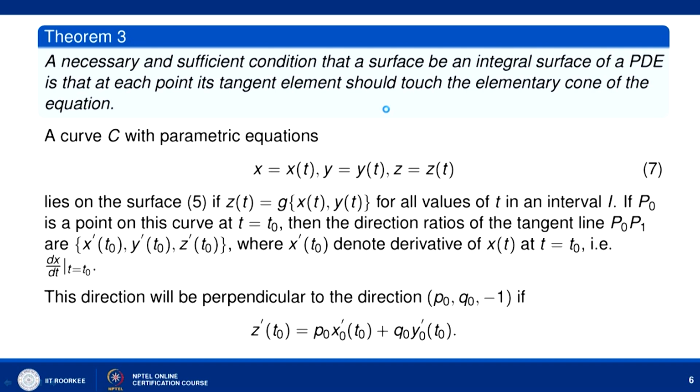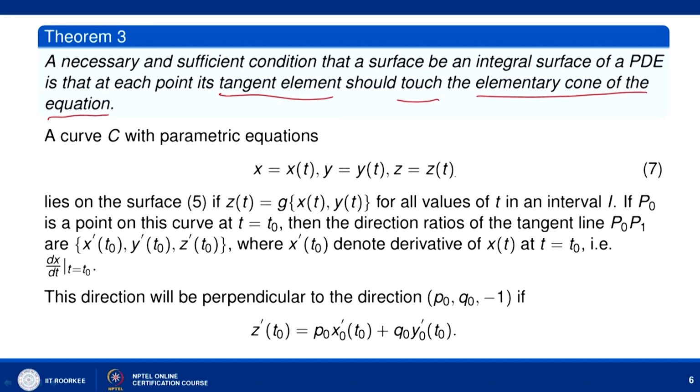The necessary and sufficient condition that a surface be an integral surface of a PDE is that at each point its tangent element touches the elementary cone of the equation. So, a given surface is an integral surface provided that at every point it touches the Monge's cone generated at that particular point P.